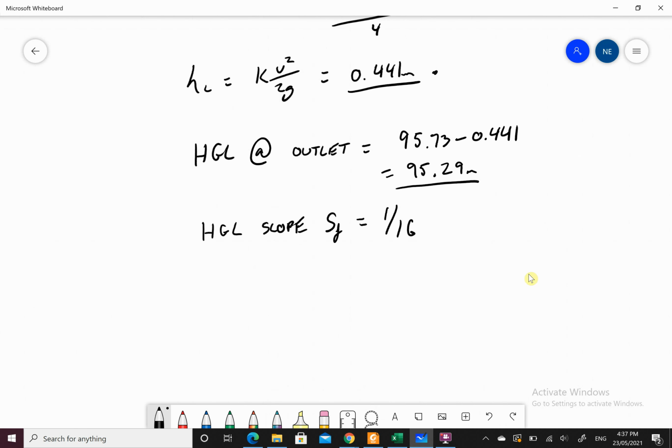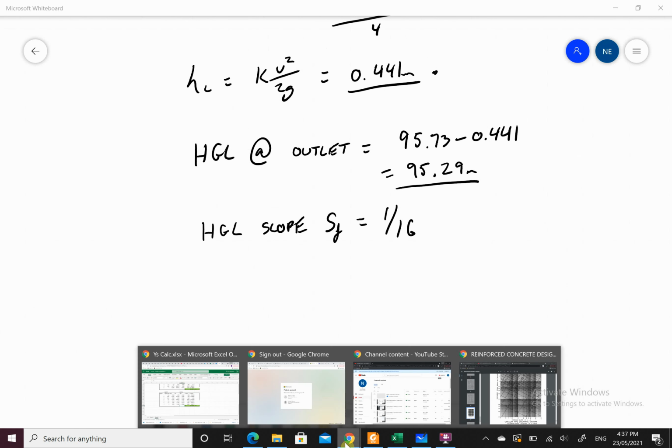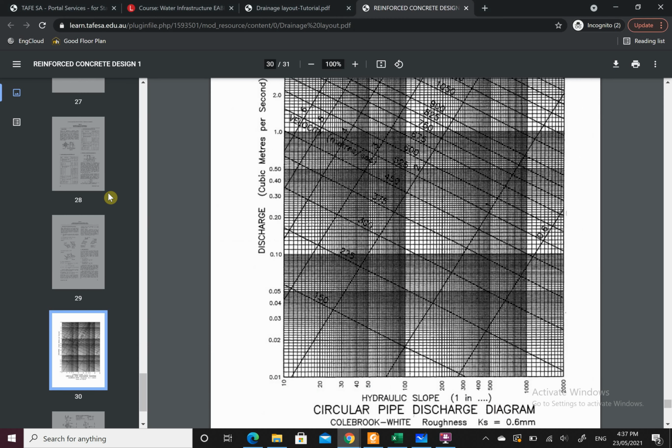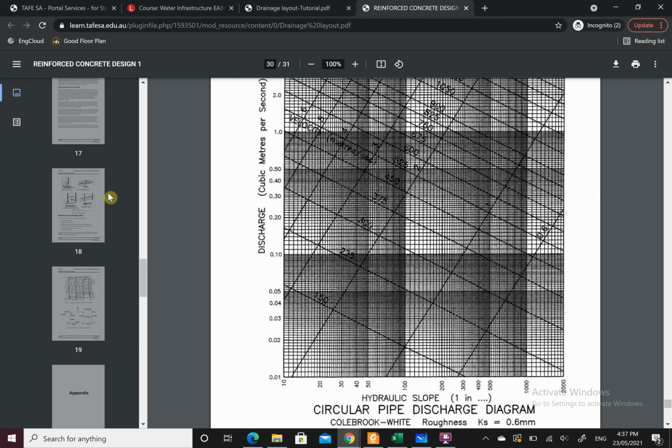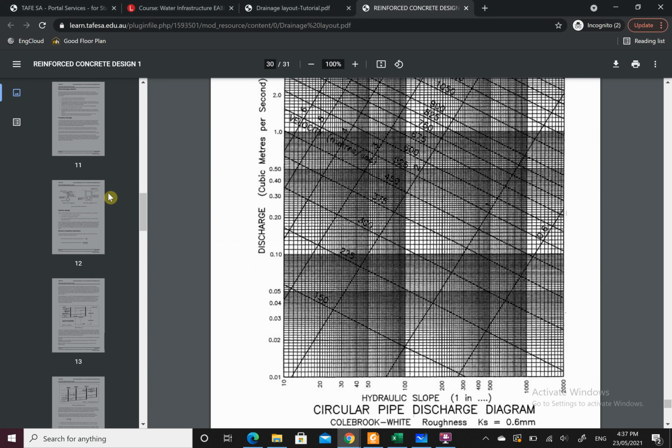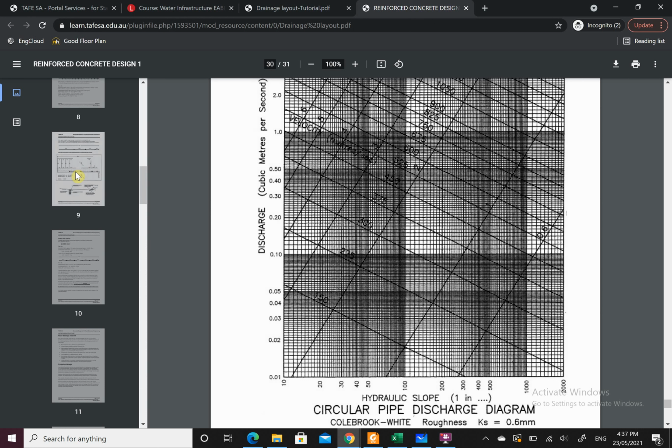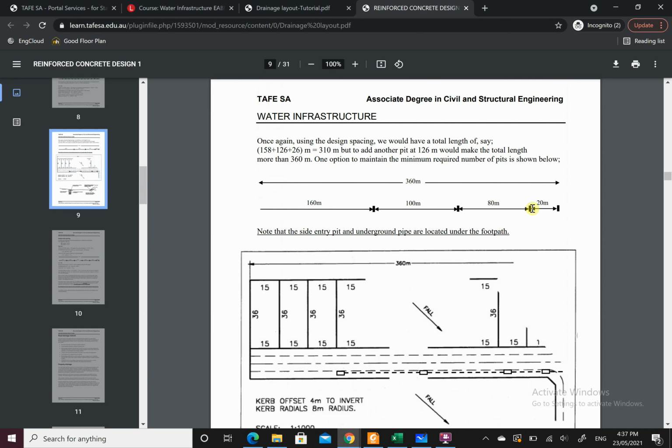Now the distance between these two pits, so pit 3 and pit 4, going back to our diagram, is 20 meters. We're working out the drop in this distance here between these two pits.